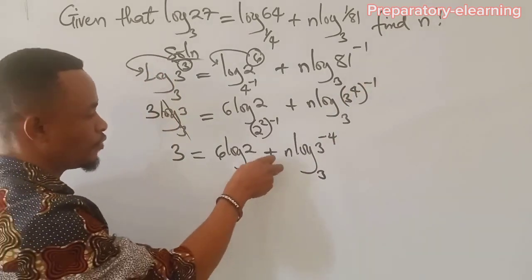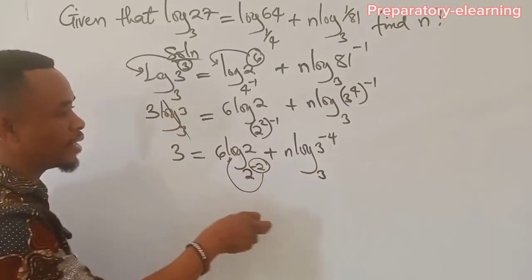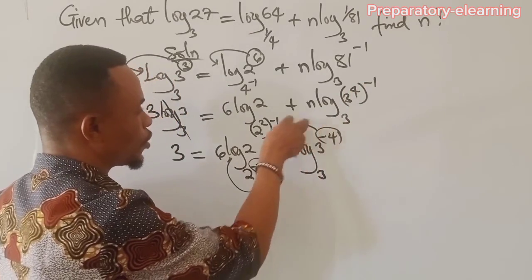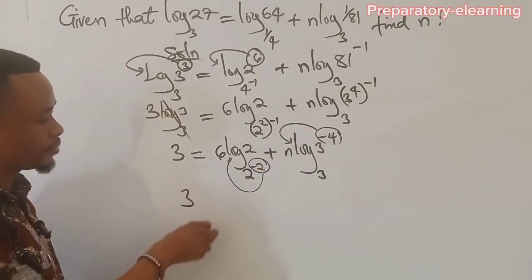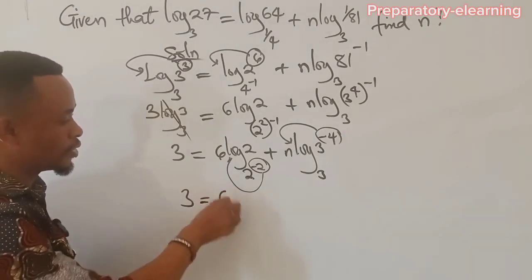So we are going to remove all these powers to come behind the log. This one also to come behind the log. So in this one, this place is already 3 equals to 6.